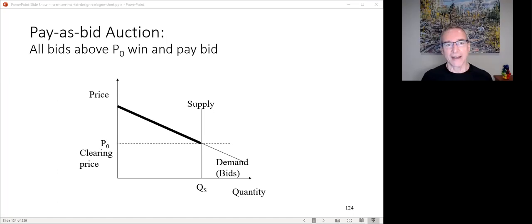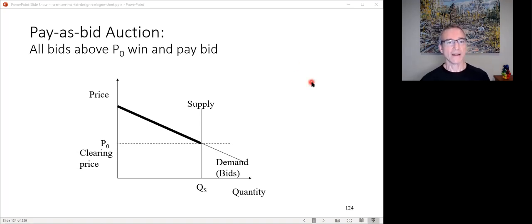So let's begin where we left off, which is looking at auctioning many similar items, in particular a divisible good, and the various auction forms.